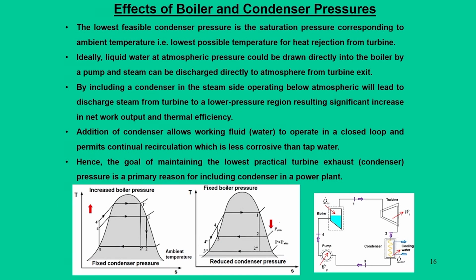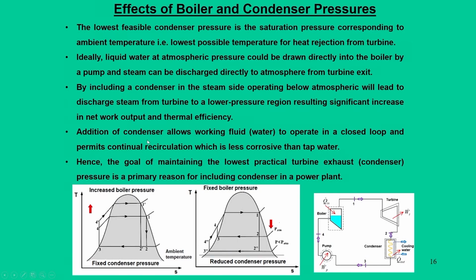If I summarize, the lowest feasible condenser pressure is the saturation pressure corresponding to ambient temperature, and that is the lowest temperature for heat rejection from the turbine. Ideally, liquid water at atmospheric pressure could be supplied directly by the boiler or pump, and steam could be discharged to the atmosphere at the turbine exit. By including a condenser on the steam side and operating below atmospheric pressure, the steam turbine discharges at lower pressure, thereby improving the thermal efficiency.